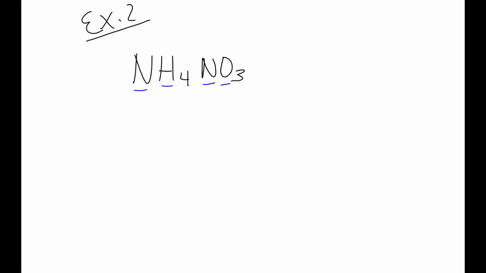If it starts with nitrogen, that means it's ammonium. Most of these ionic compounds will start with a metal. Nitrogen is not a metal. So that means it has to equal ammonium. Oops, I spelled ammonium wrong.